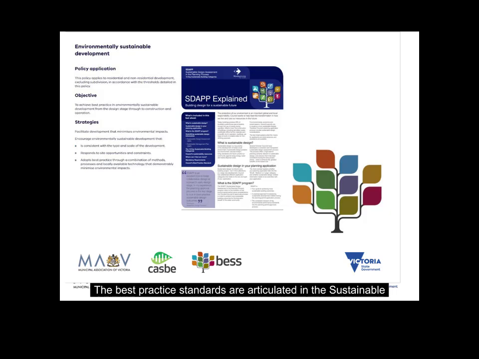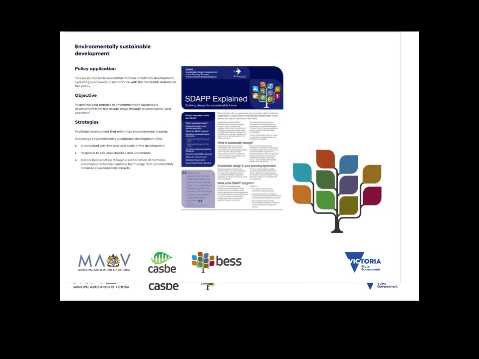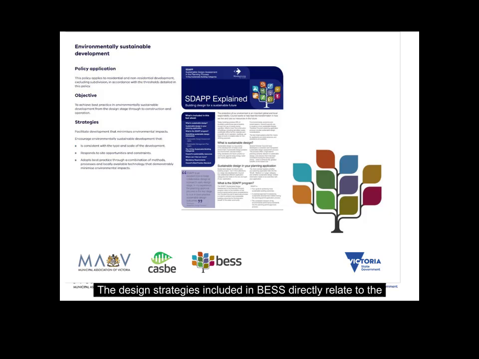The best practice standards are articulated in the Sustainable Design Fact Sheets and BESS, and SDAP supporting documents and tools, including the SDAP Design Fact Sheets and BESS. The design strategies included in BESS directly relate to the best practice standards listed in the Sustainable Design Fact Sheets and are designed to deliver the local planning policy objectives.